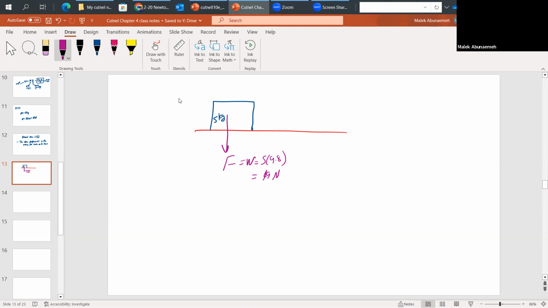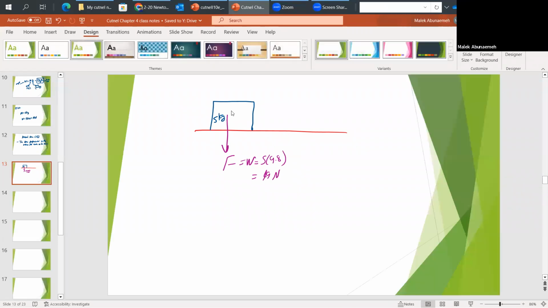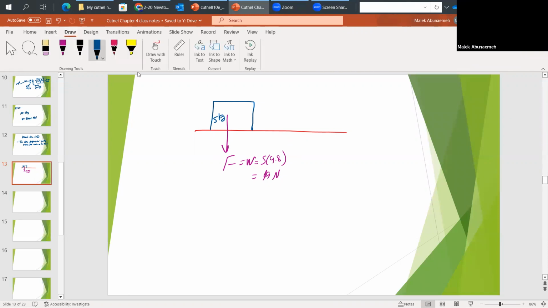Now, in order for the block of ice to remain stationary, there should be another force. That's your normal force going in the opposite direction. Here's your normal force, that's your Fn.